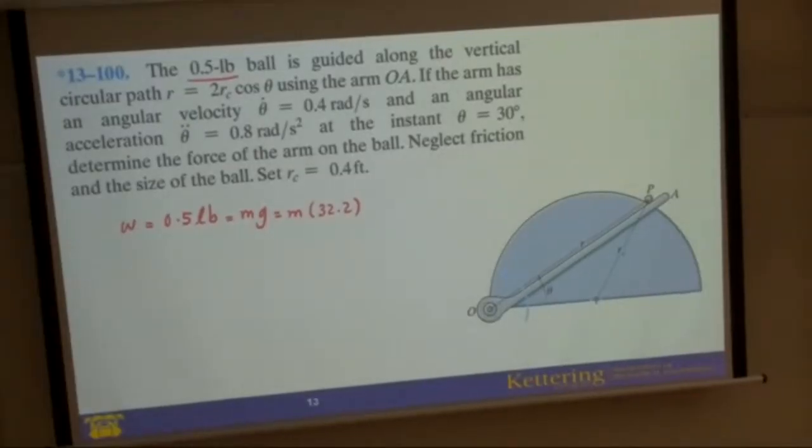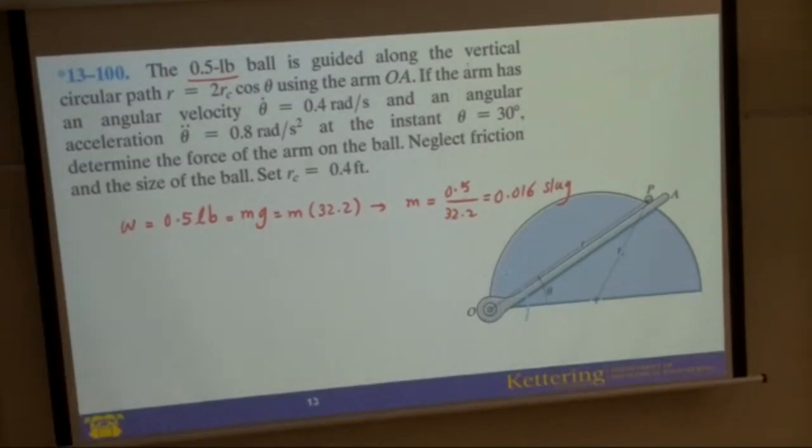If you find this, the mass will be 0.5 divided by 32.2. This will be 0.016, and the unit is slug. Why do I need the mass? We need to put it into the equation of the motion.